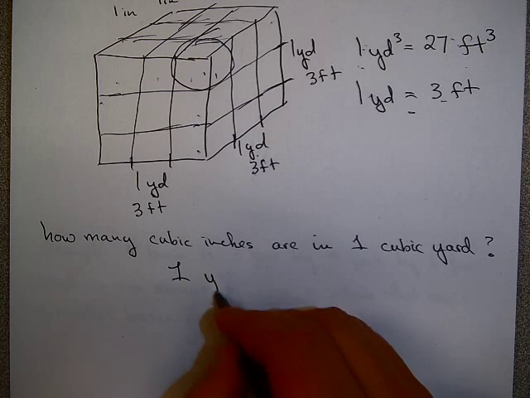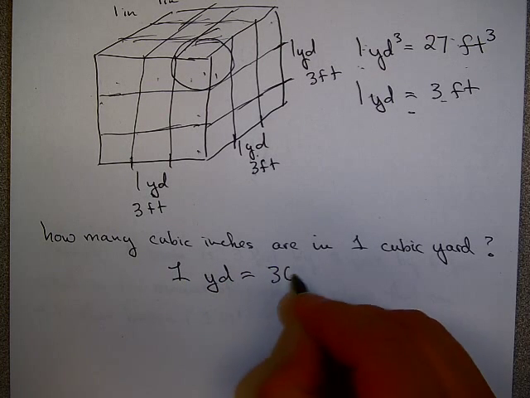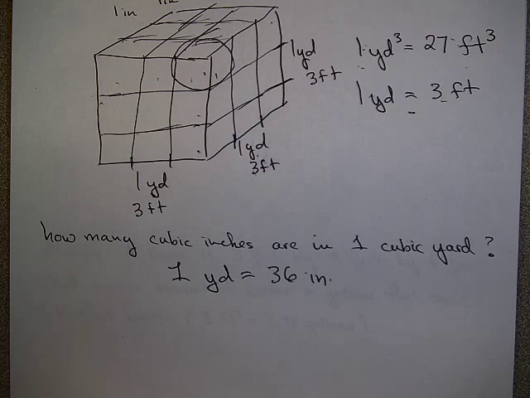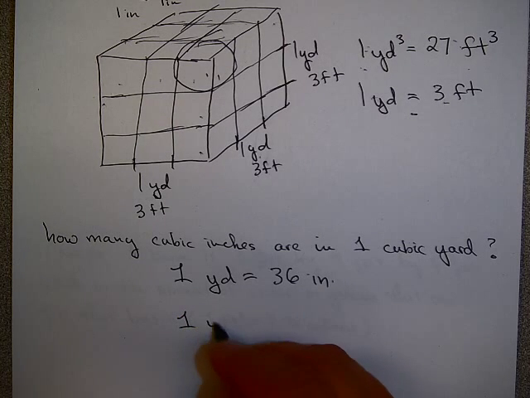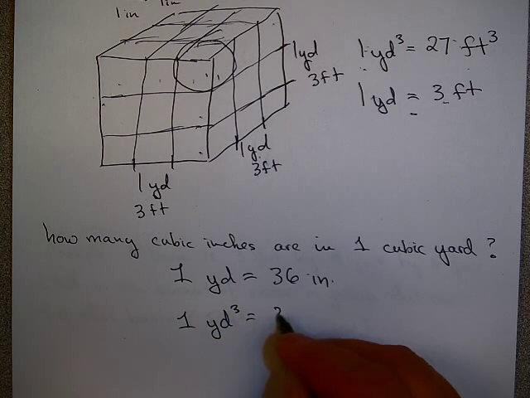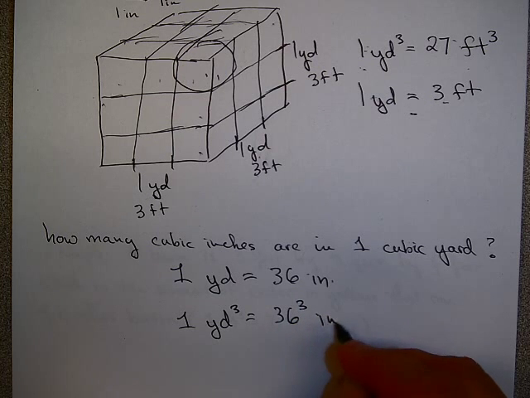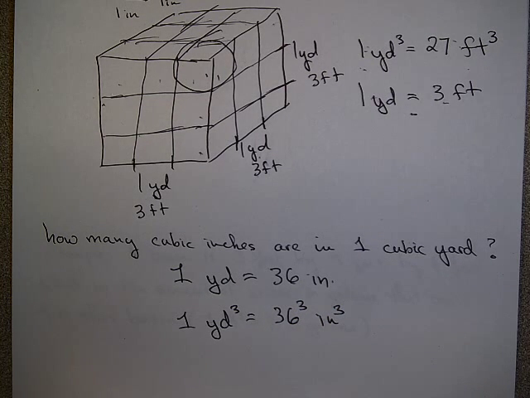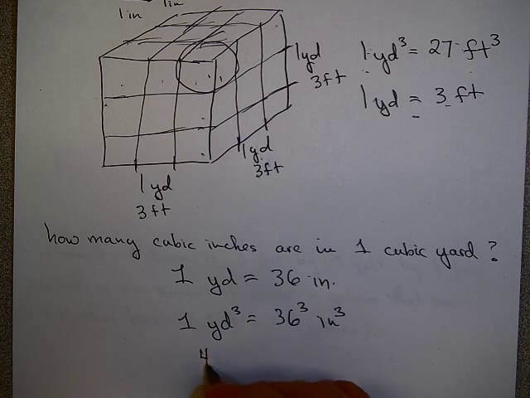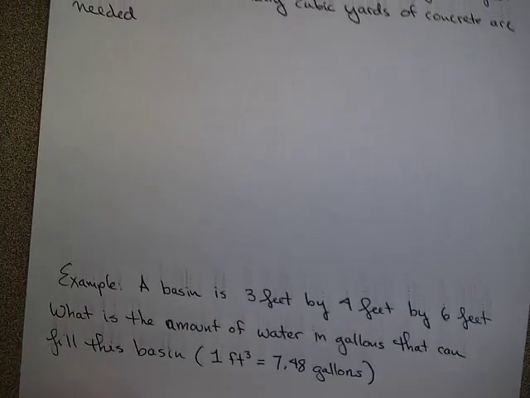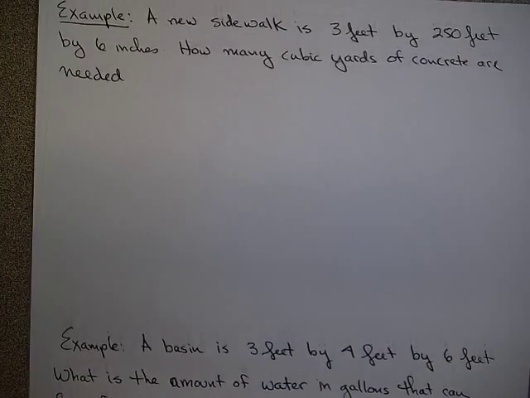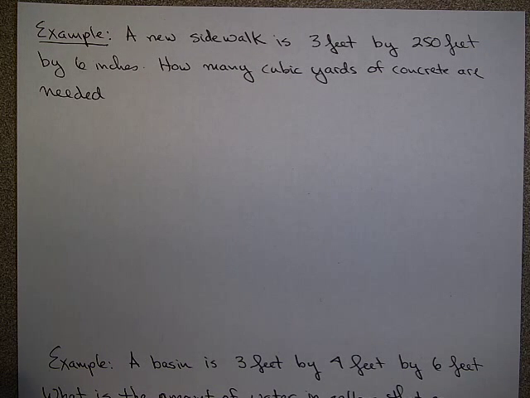If you know that 1 yard is 36 inches, which if you don't know is on my conversion chart, I then know that 1 cubic yard is 36 cubed cubic inches. And 36 cubed, according to my calculator, is 46,656 cubic inches.